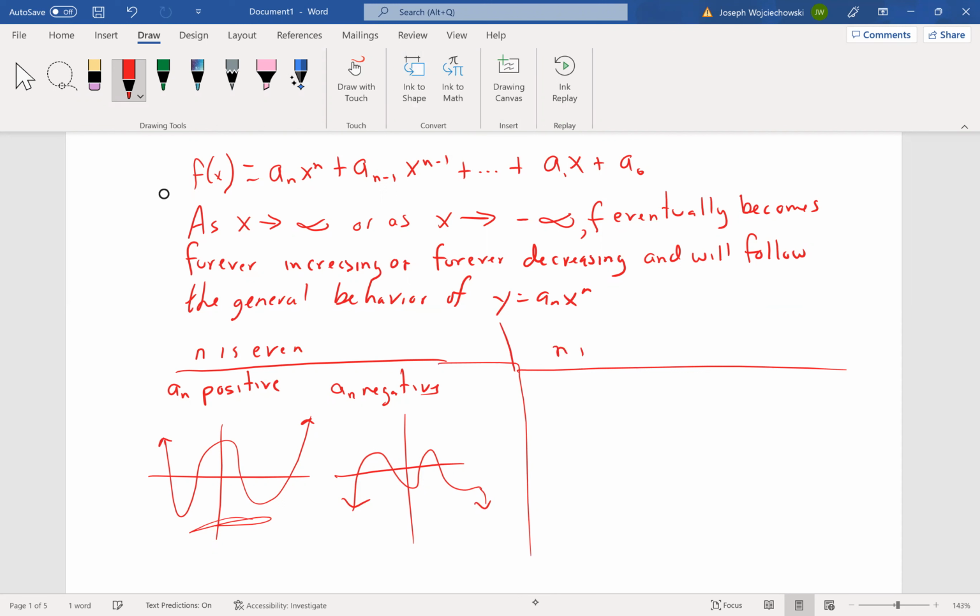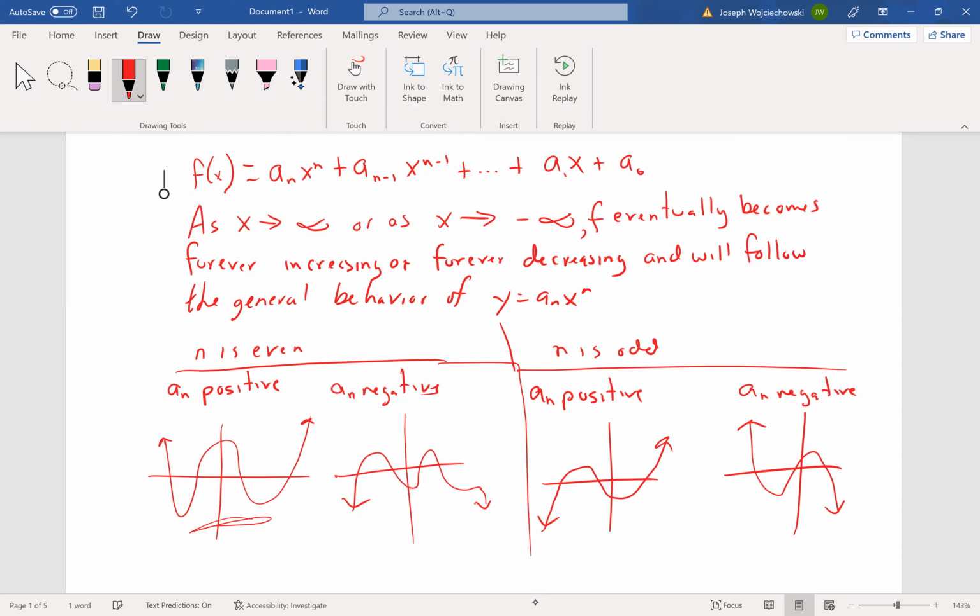Now, if n is odd and a sub n is positive, we're looking at this. And if a sub n is negative, we're looking at this.